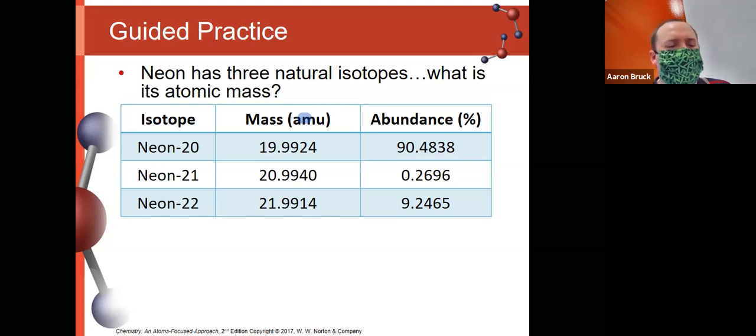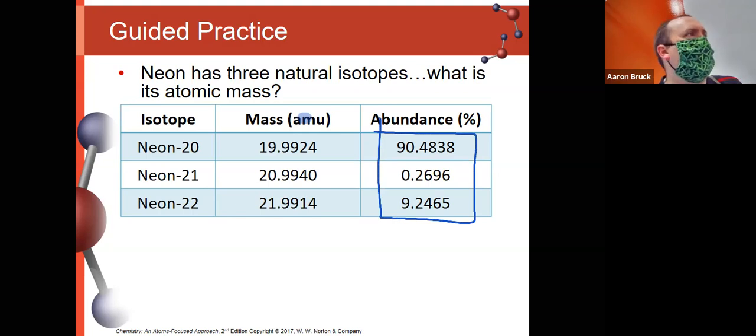And that method is, if I have a percent abundance, understand that percent means parts of 100. And so these values are inflated to 100%, to 100 parts of a substance. Easiest way to get around it, though, honestly, multiply.